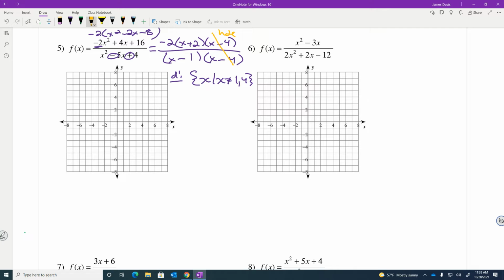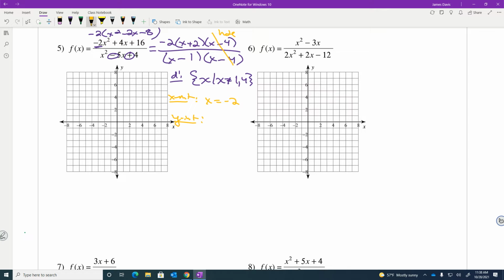So x-intercepts are the zeros of the numerator. We don't have to worry about that -2 because it doesn't have an x. We got this x plus 2, so that's going to be x equals -2 when we solve it. With a y-intercept, you're going to want to look at the big equation.